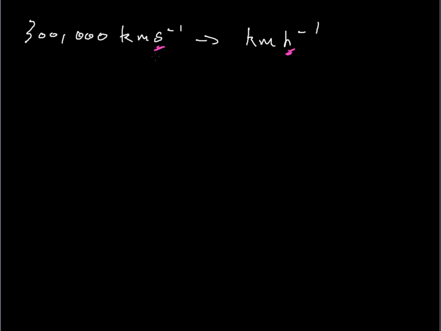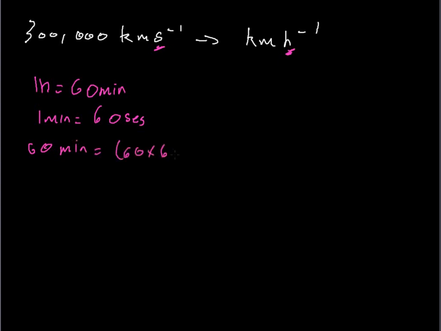And so we want to find a conversion factor which converts our seconds to hours. It just so happens that 1 hour equals 60 minutes and 1 minute equals 60 seconds. And so 60 minutes must equal 60 times 60 seconds, which equals 3,600 seconds. And so 1 hour must equal 3,600 seconds.